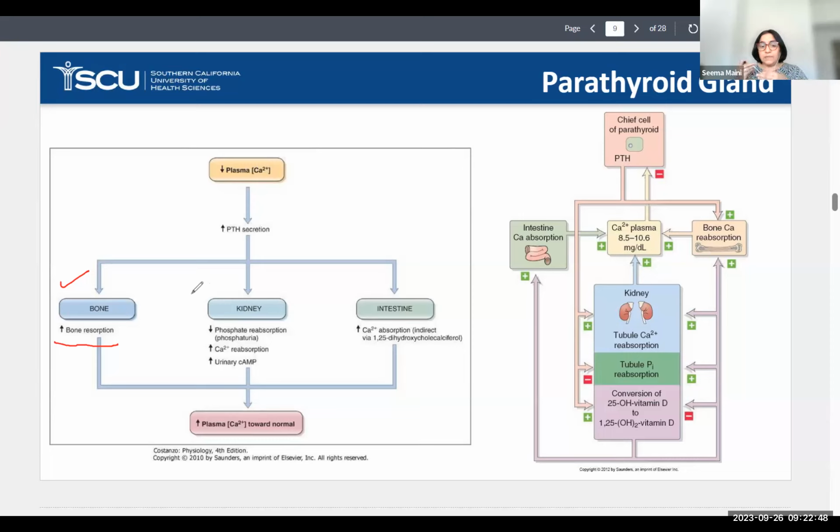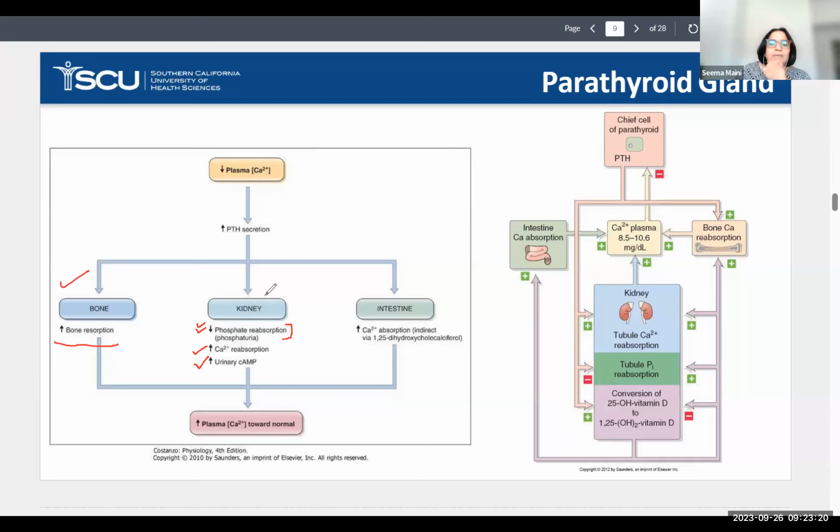Second effect is on the kidneys, a very important effect. Reduced reabsorption of phosphate ions. So parathyroid hormone favors phosphaturia, the removal of phosphate ions, increased calcium ion reabsorption, and increased urinary cAMP.